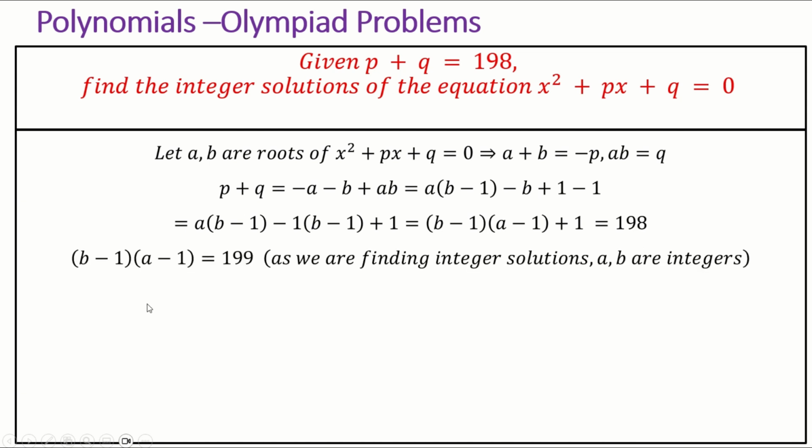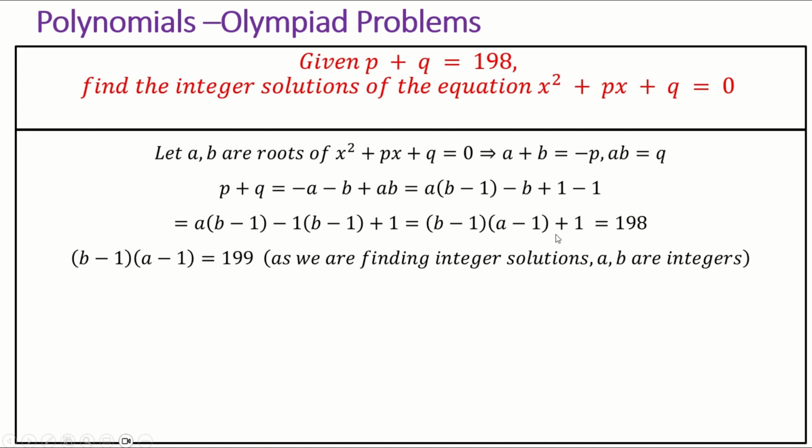Now b minus 1 into a minus 1 equal to 199. This is minus 1 actually. What will remain here is minus 1, because if you see here, minus 1 into minus 1 is plus 1.